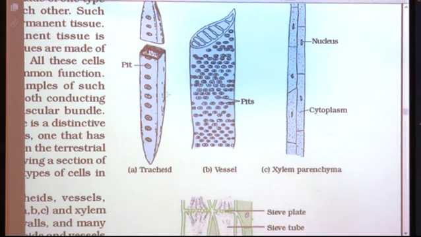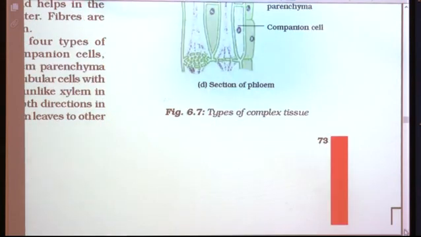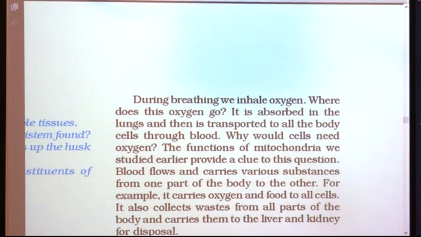Tracheids consist of pits, vessels consist of pits as well, and xylem parenchyma consists of nucleus, cytoplasm, etc. And in the fourth figure you can see the section of phloem is shown. So these are the two types of complex permanent tissues.